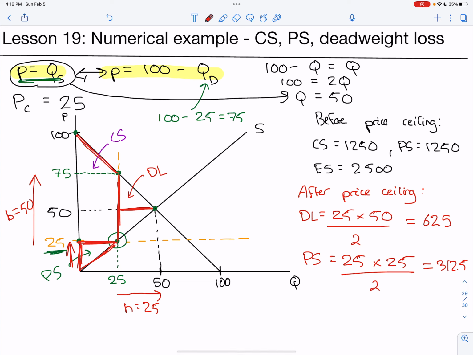And last but not least, we have this trapezoid over here. So let's divide the trapezoid into two. We have this triangle here, okay, with a height of 25, a base of 25, okay, so that's 25 times 25 divided by 2, right? So our consumer surplus is 25 times 25 divided by 2, right?